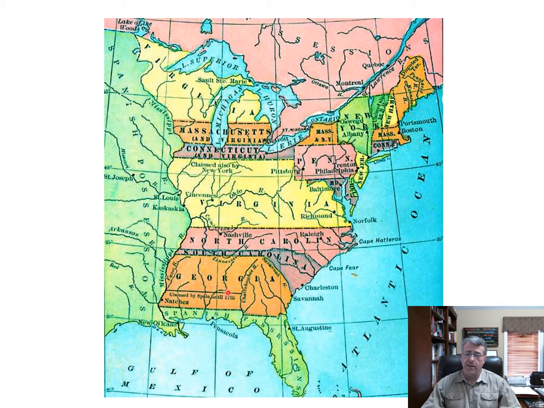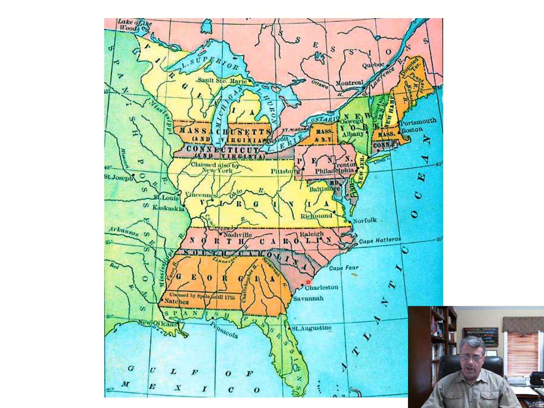As you can see, it's kind of chaotic and confusing here, with some of the larger colonies like Virginia claiming territory up here in the Great Lakes area, and then some of these other frontier areas being claimed by more than one state. See Virginia's name on a lot of these little sections here. Virginia had a lot of ambitious land claims at this point.